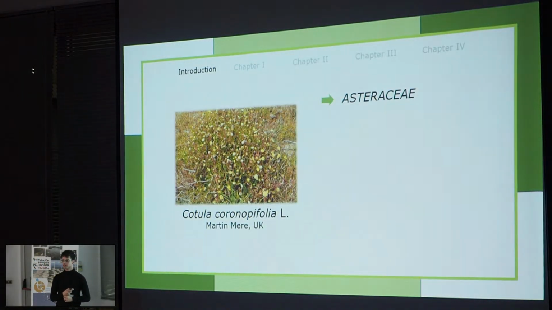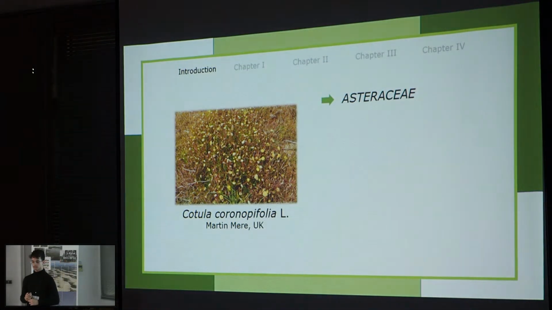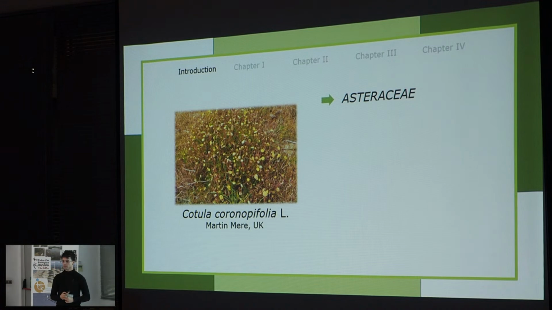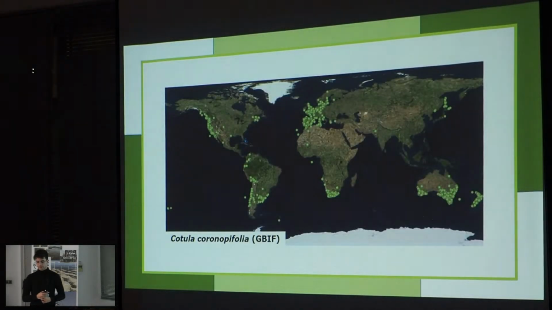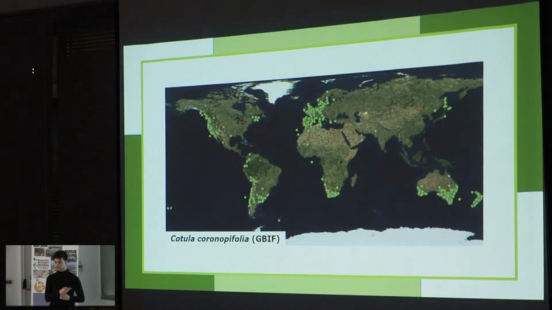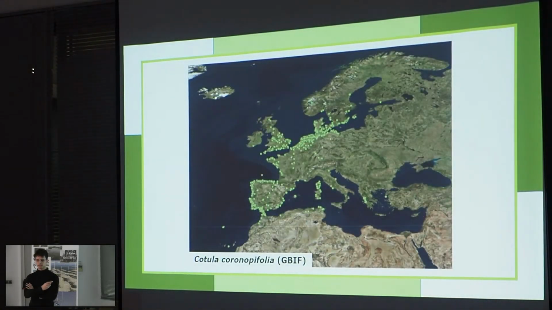And here comes the third model species, the buttonweed Cotula coronopifolia, which is native to South Africa and is being dispersed in an alien range in Europe, USA, and Australia. In the distribution map, if we enlarge to Europe, we can see that it's mainly distributed in coastal areas, but it's also spreading inland.